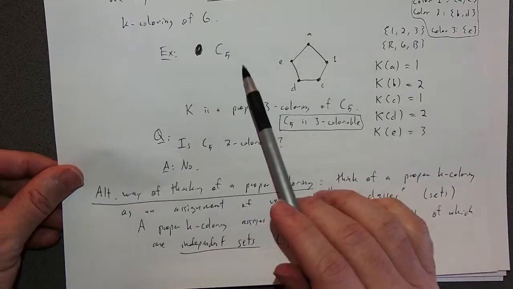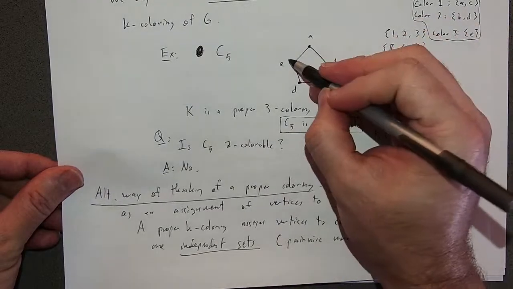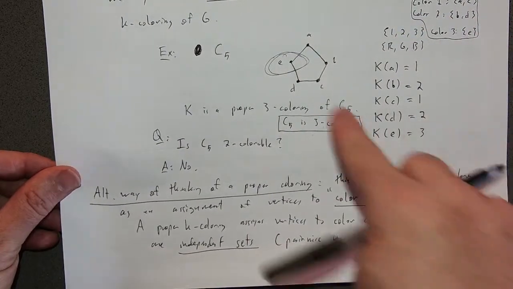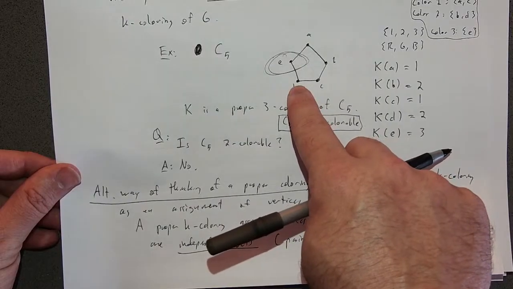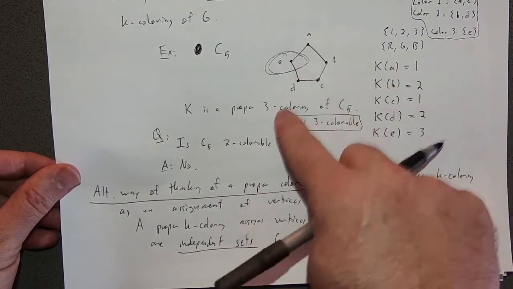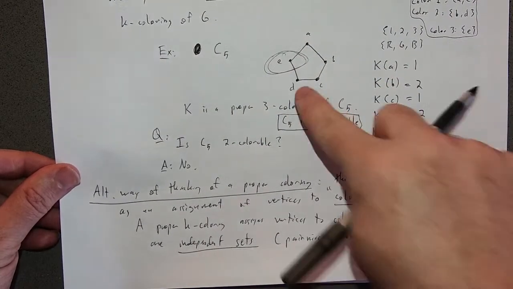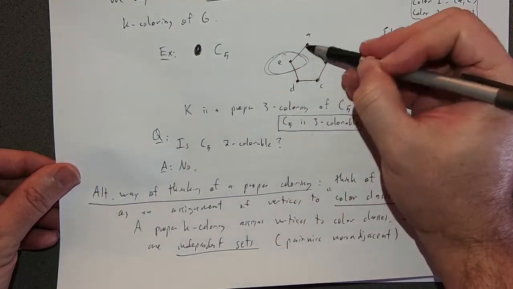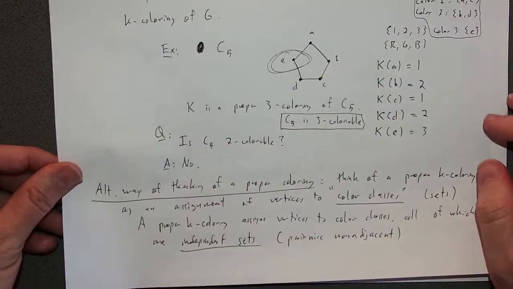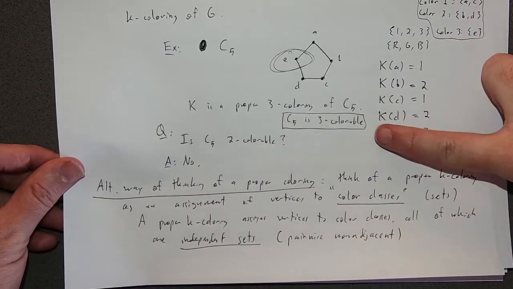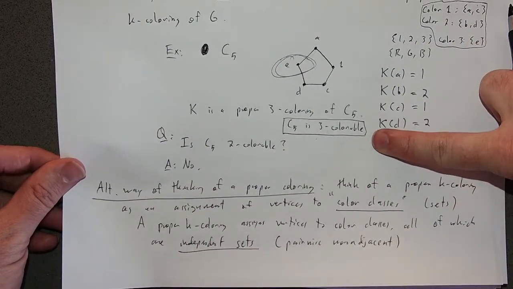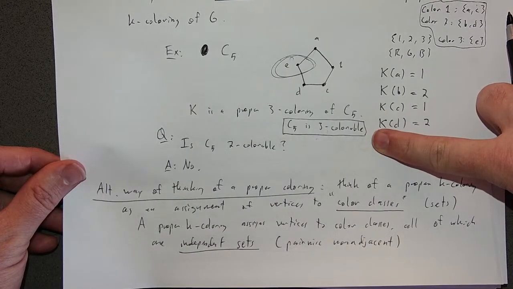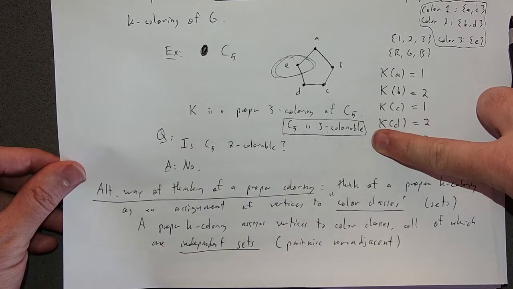But if the number of vertices is even, a vertex like this E doesn't exist, because by the time I get to D, I'm closing up: D is adjacent to A. In my cycle on 4 vertices, this is the last edge. So I could just do the alternating coloring if your cycle has an even number of vertices, and that's going to work.